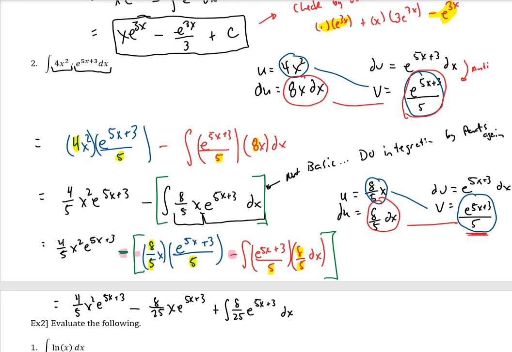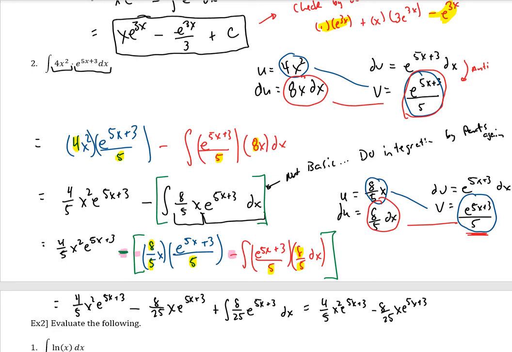This integral is just using the constant multiplier on the power there of e. So we're just going to have to copy and paste and then multiply. Okay, so what we have, these first two are good. So there's no integral sign. So that means just rewrite them. So 4/5 x squared e to the 5x plus 3 minus 8/25 x e to the 5x plus 3.